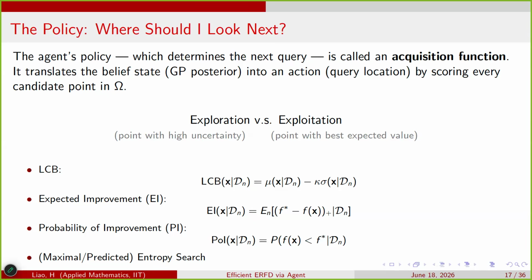So it's a trade-off problem for this kind of design. We want to balance this, and they come up with different designs, like the lower confidence bound or the expected improvement, which focus on how much improvement you can get in expectation from the current observation and the predicted posterior mean, or the yes.